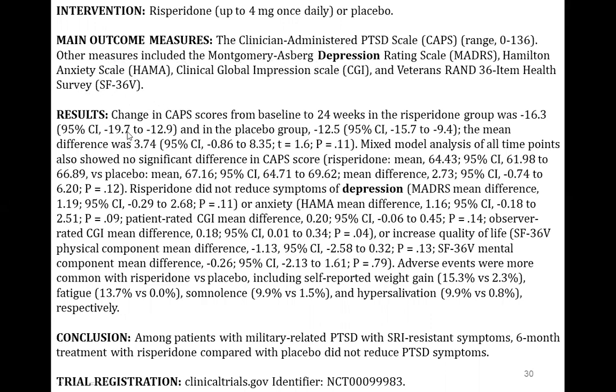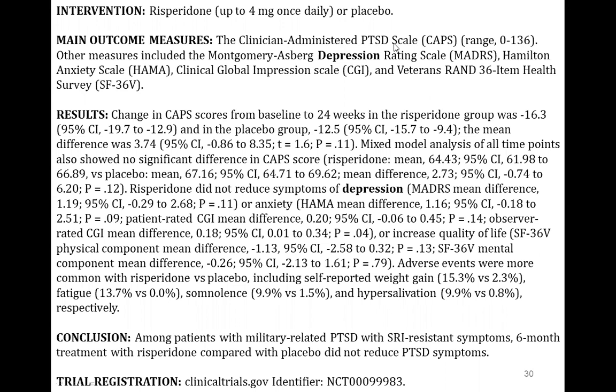Okay, so here are the results, and this is where I'm going to illustrate how we utilize our confidence intervals to tell us if we've got statistical significance or not. So this is CAPS scores.